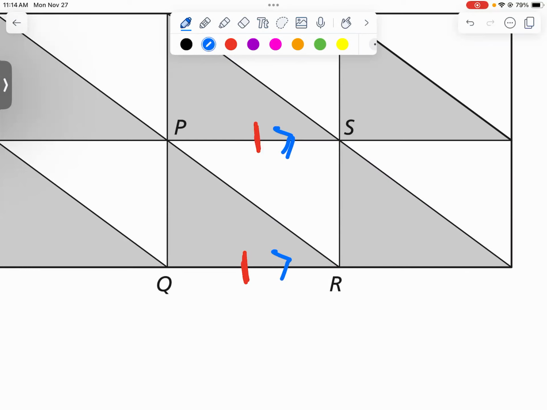What's one thing we know right away? We do know that. So we have a purple triangle and an orange triangle. Notice anything?